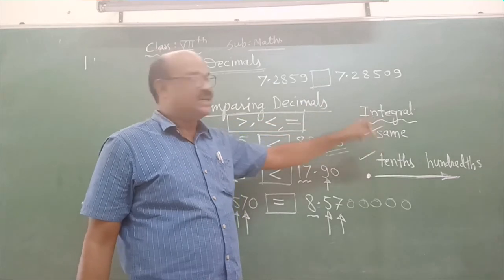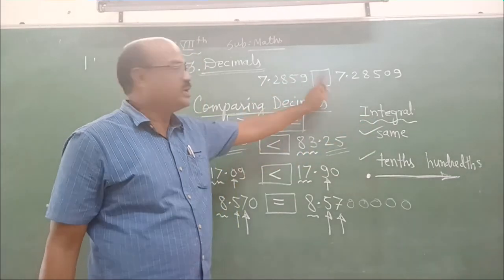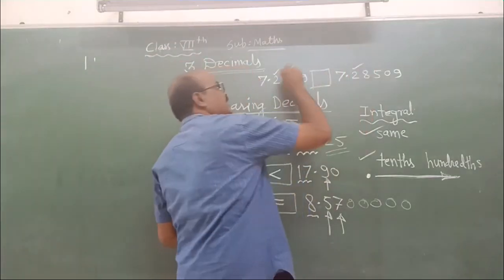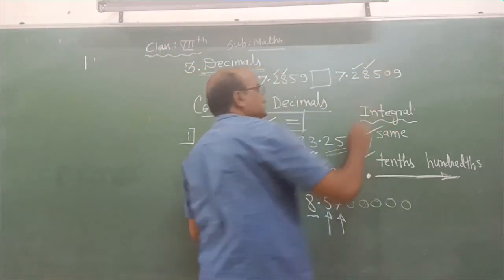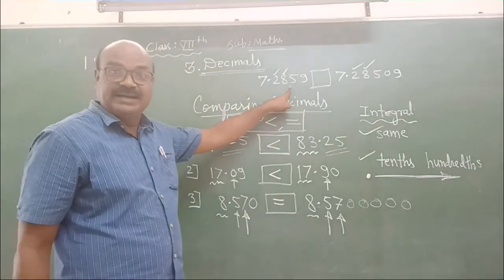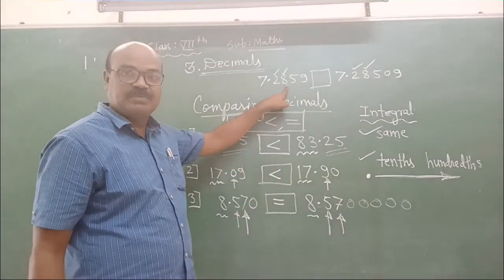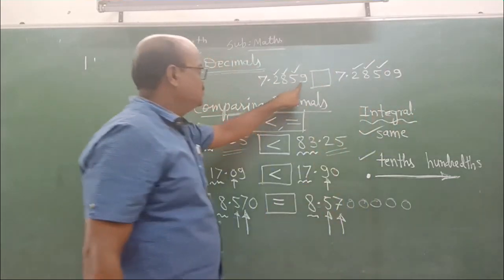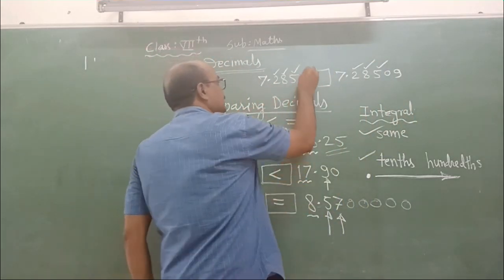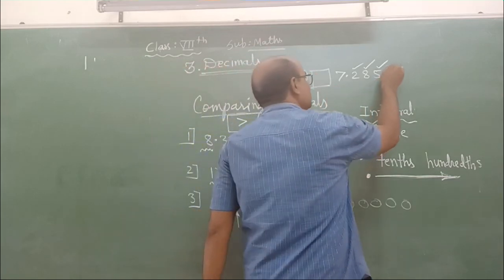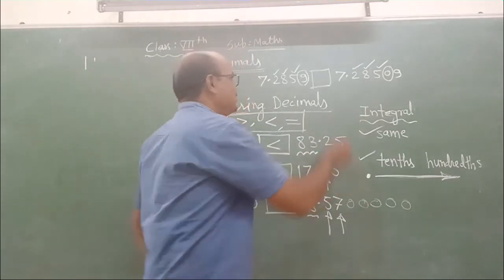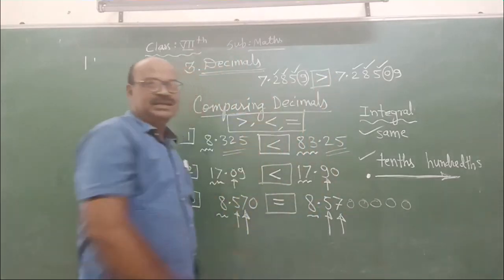Integral part, which are same here in both the decimals. Okay. Now tens part, these are also same. Hundreds part are also same. Thousands part are also same. And now you can see the 10,000s part. Here 9 is there and 0 is there. So obviously it will be greater.